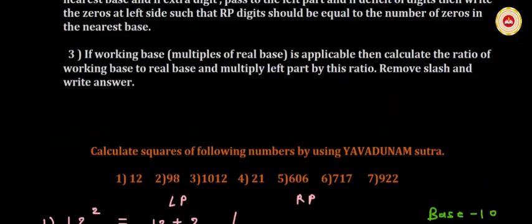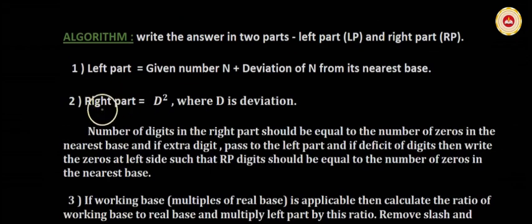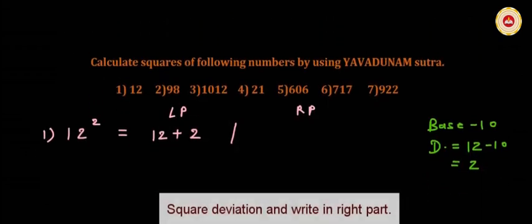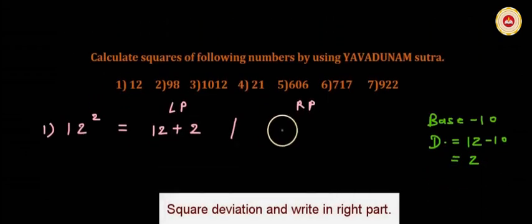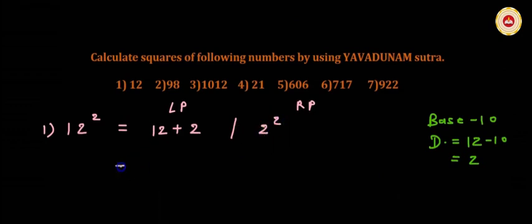Let us refer to the algorithm. Deviation squared. So let us calculate the square of deviation. What is the deviation? 2. So 2 squared. Right? Now let us calculate 12 plus 2, which is 14. Draw a slash and 2 squared is 4. Right? So we have completed 2 steps and wrote the answer in 2 parts.